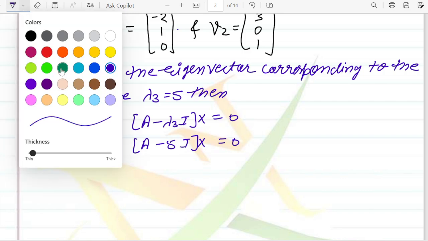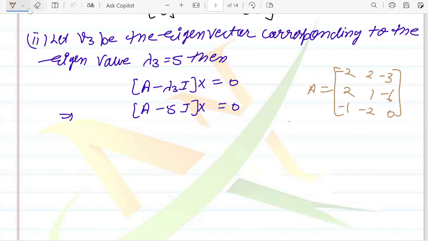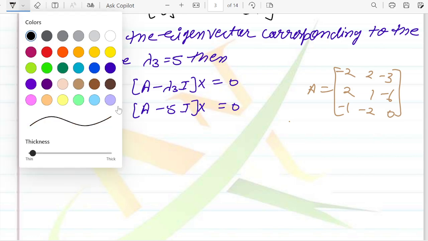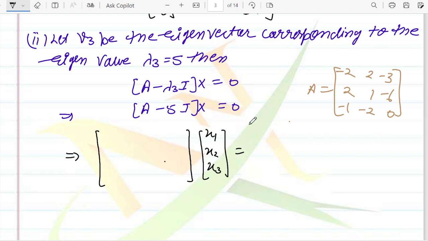Now what is A? Since A is equal to, ये आपकी क्या मैट्रिक्स है? [-2 2 -3; 2 1 -6; -1 -2 0]. So you get (A plus 5) into x1, x2 and x3 that is 0, 0 and 0.